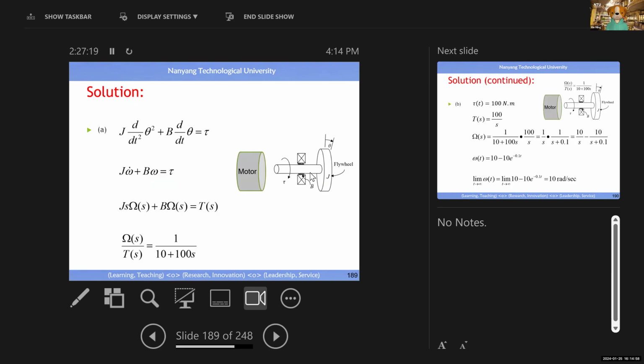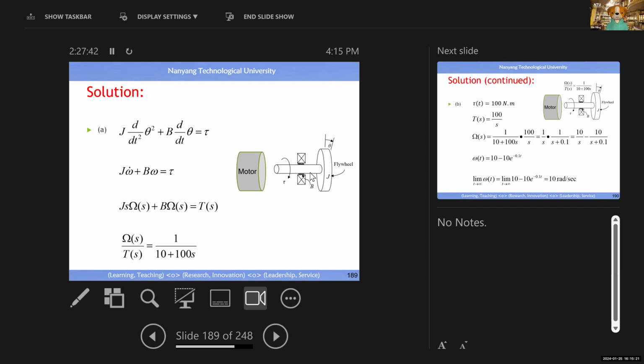So we apply Newton's second law of rotary motion. The motor will output torque. Torque will overcome the viscous friction, which is proportional to angular velocity. The remaining energy will contribute to angular acceleration through this moment of inertia, right? So this is a variation of Newton's second law, right?